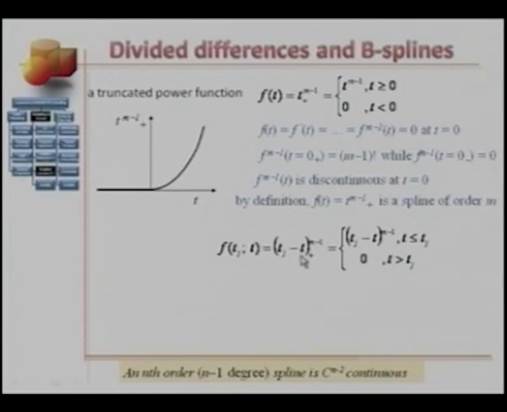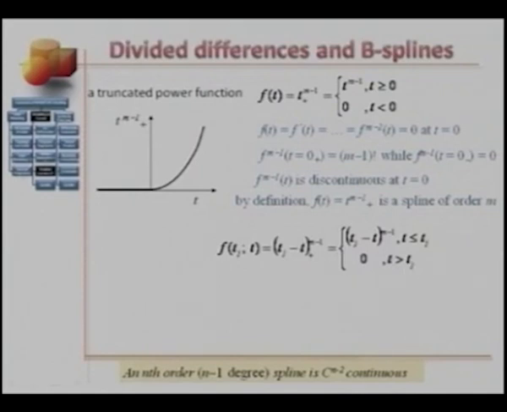Now this function, which is in the family of truncated power functions, is equal to (t_j minus t)^(m-1) for values of t smaller than t_j. Remember that this number here should be positive. And this function is equal to 0 for values of t greater than t_j.